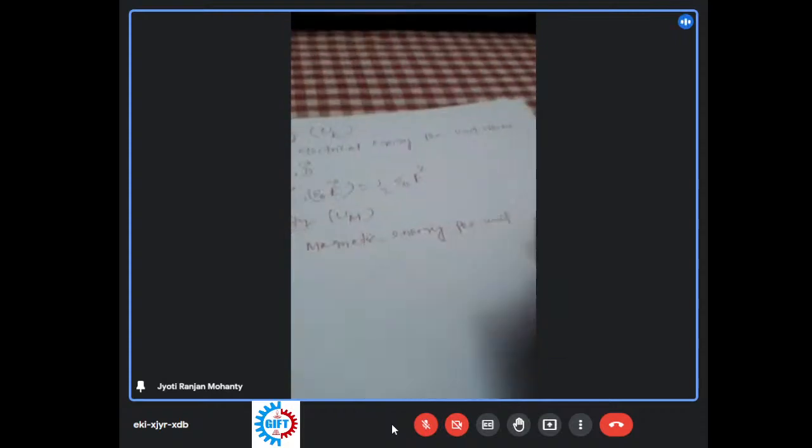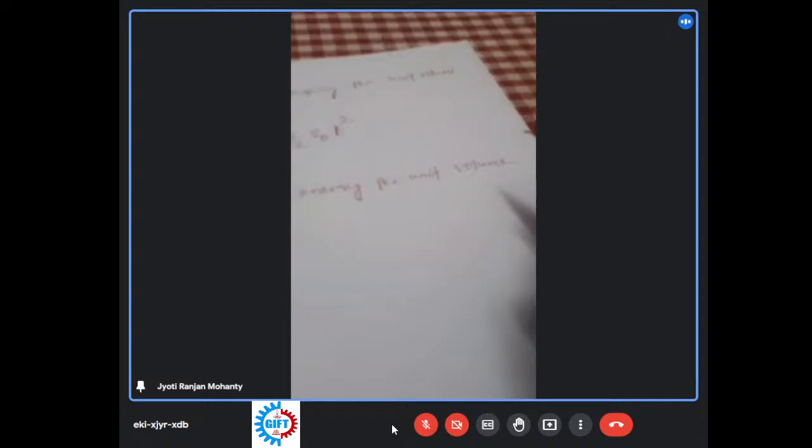Mathematically, I can write UM is equal to 1 by 2 B vector dot H vector.